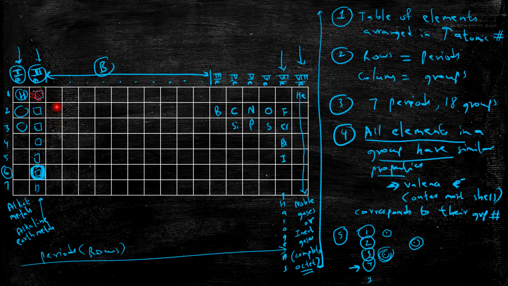And in the same way, the B group actually starts from period 4 to period 7. So above period 4 there are no elements. So we shouldn't be drawing this up to here.